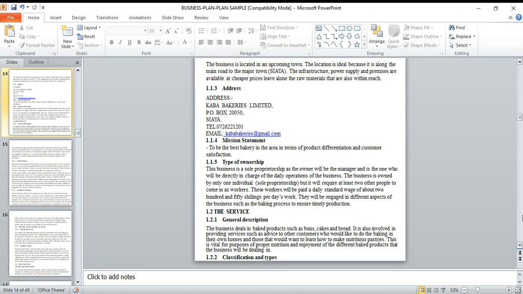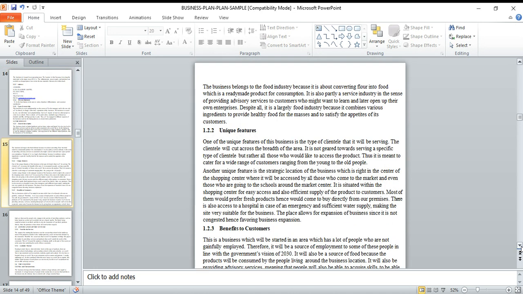Then classification and types. As I said initially, the business falls under the food industry. So you can see under the classification and types how I've described this. For instance, let me just show you. The business belongs to the food industry because it is about converting flour into food, which is a ready-made product for consumption.